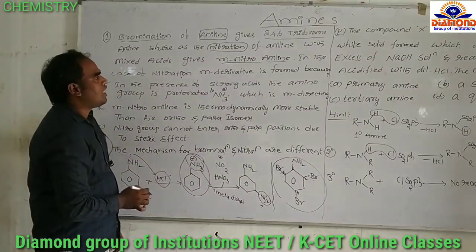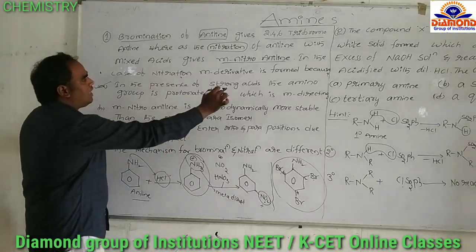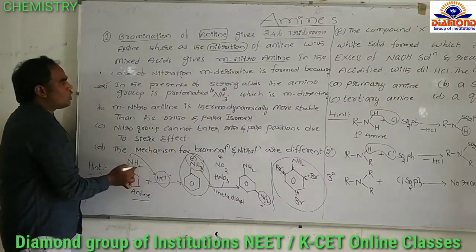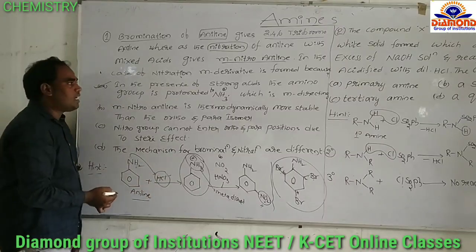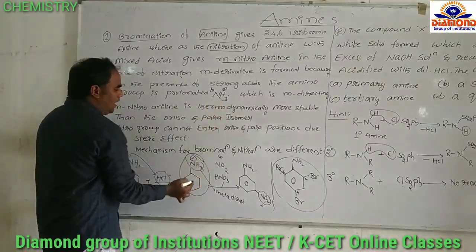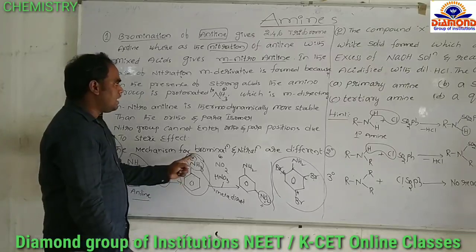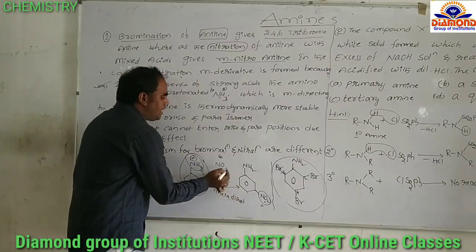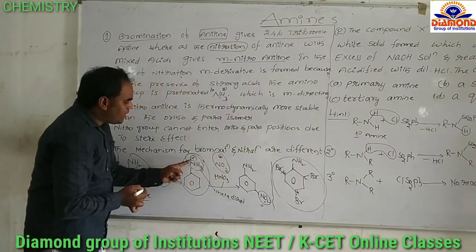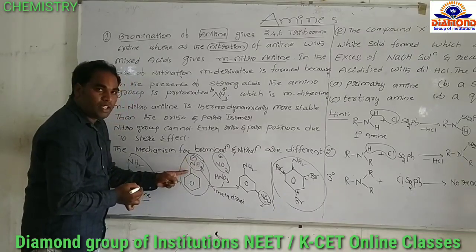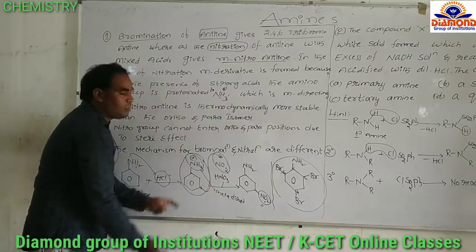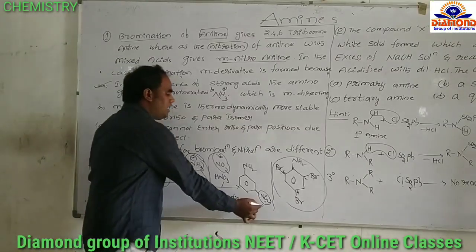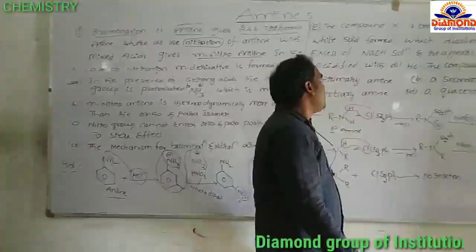In the presence of strong acid, the amine group, NH2, is protonated, which means it attracts a proton and is converted to NH3 plus. That NH3 plus is a meta directing group. So if NH3 plus is present on the benzene ring, the incoming electrophile is substituted at the meta position. Therefore, we get the meta nitro product.